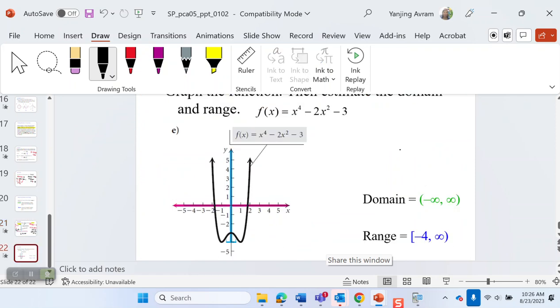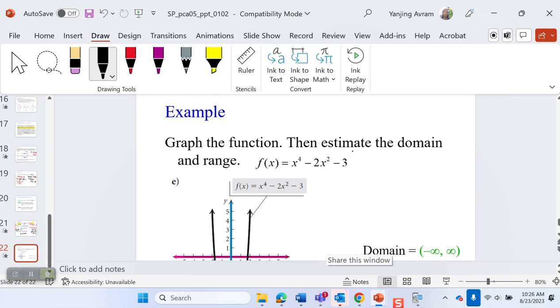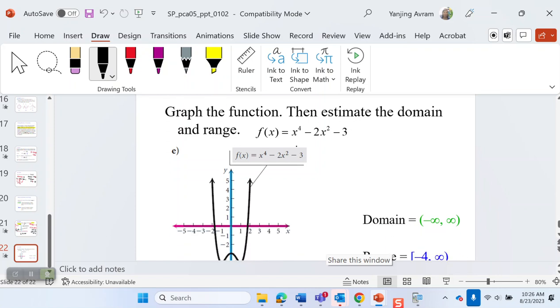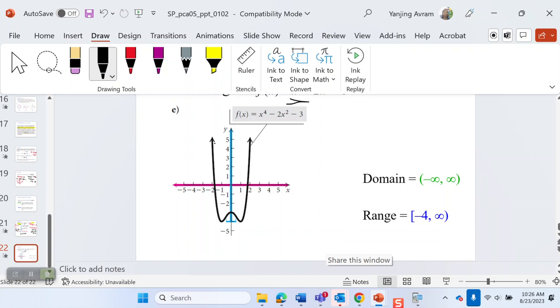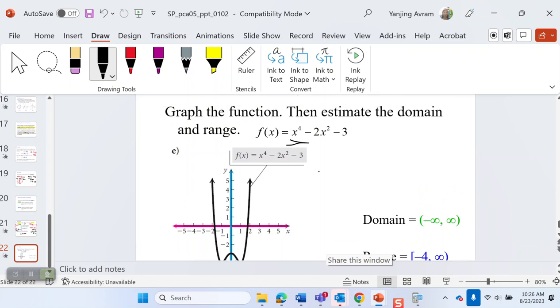All right, look at this one right here. Can you estimate the domain and range? The highest power is 4. It's called a quartic function, not a quadratic but quartic, Q-U-A-R-T-I-C. So what is the x value in here? Oh, we don't have an x under the square root, the even root.